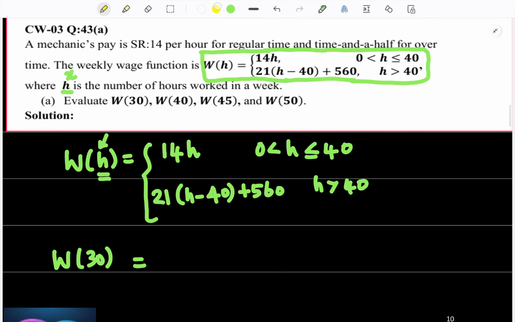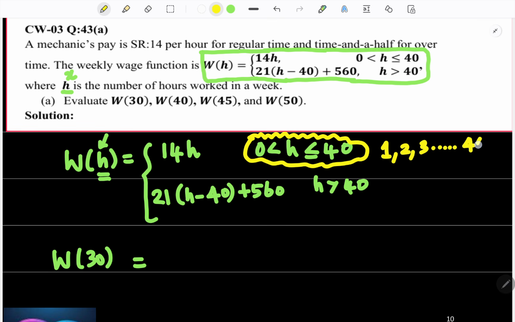Now we need to do one small thing. Here it is 0 less than H less than or equal to 40. It means it starts from 1, 2, 3 and goes up to 40. Now here H is more than 40. It means 41, 42 and so on up to infinity.